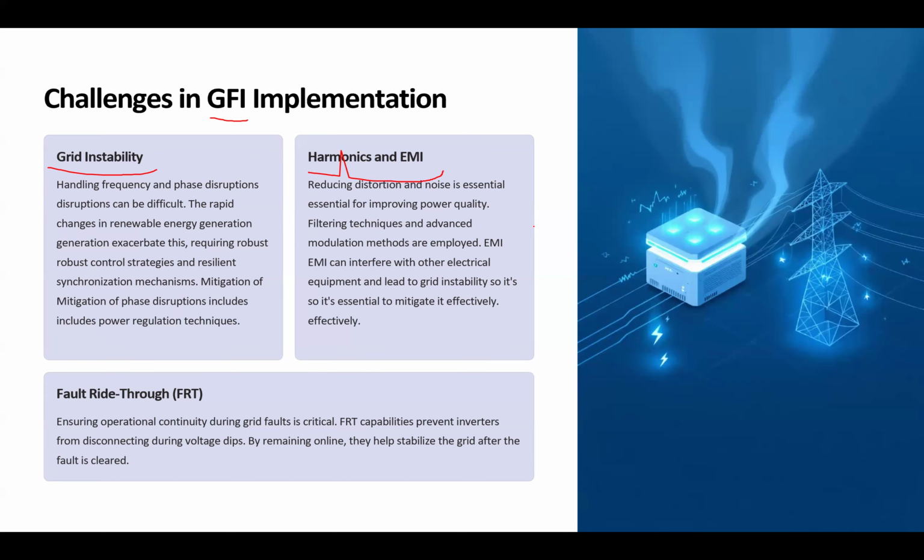It would get worse and worse and worse until the system becomes unstable. That being said, in GFI we need to make sure that this is not going to create a harsh situation. We need a more advanced filtering technique and modulation technique, so we make sure that the harmonics and the noises and interference would not misguide our control system in answering the grid demands.